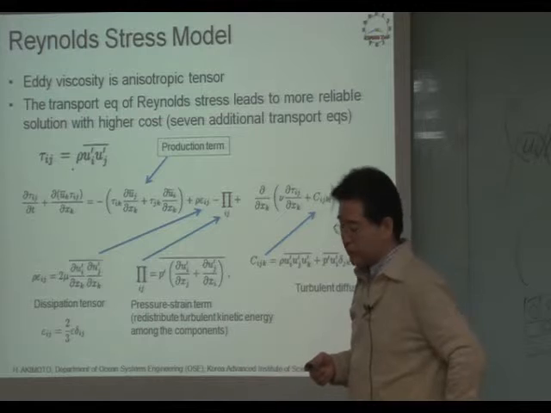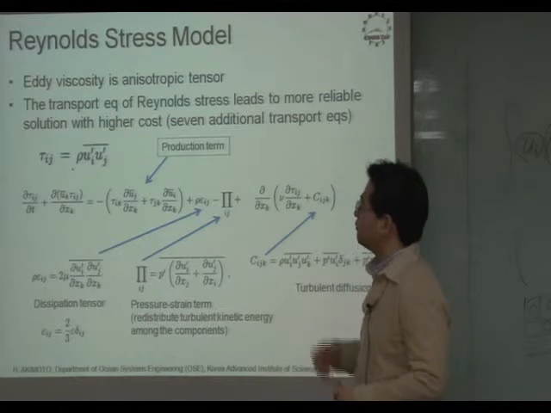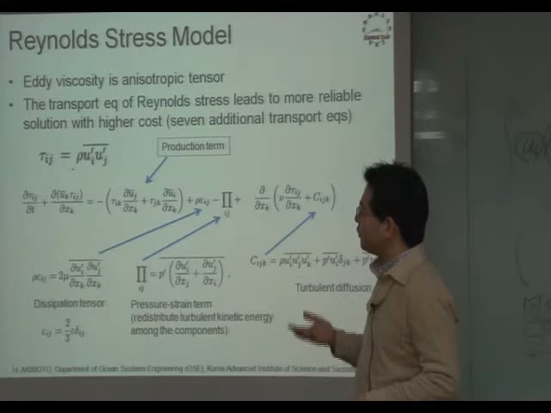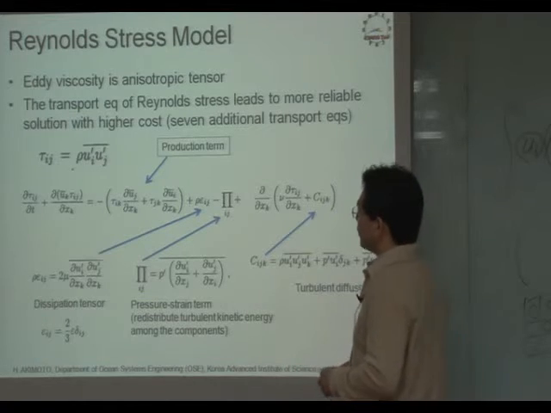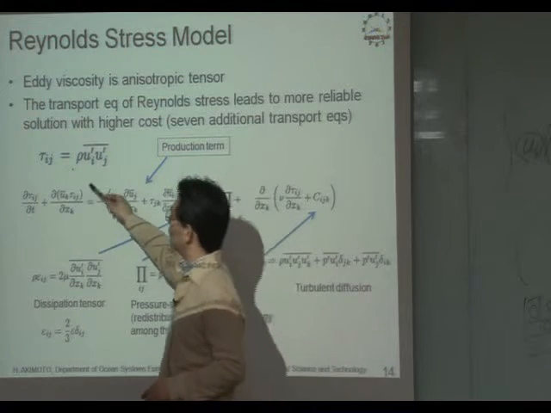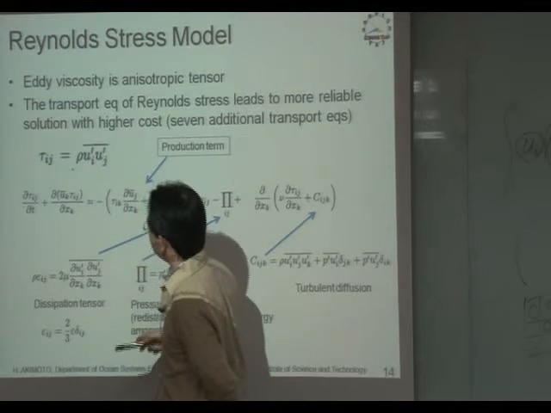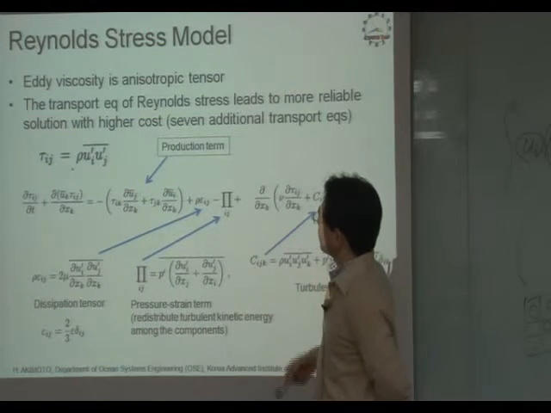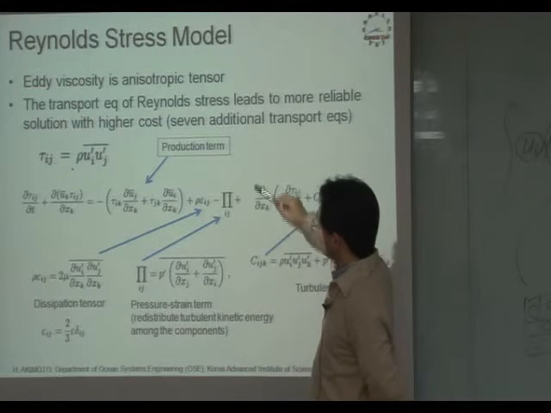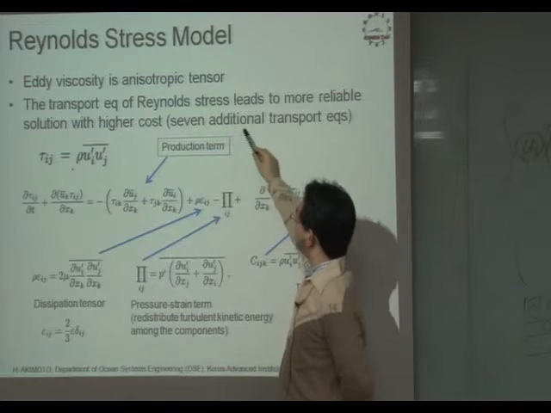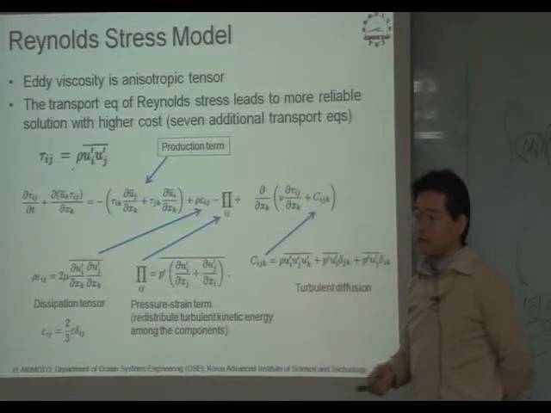The simulation should be done on U, V, W, and pressure, and an additional 6 components of stress tensor, and also epsilon. So it requires 7 additional transport equations.